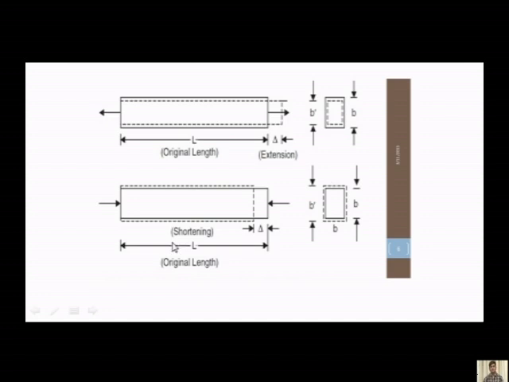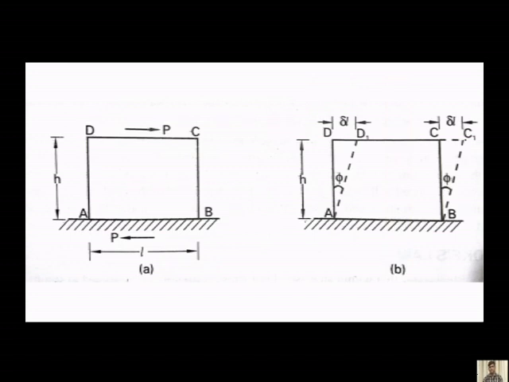See the compressive strain, shortening, the forces are towards, here the forces are away. Shortening of the length, and the amount of shortening is represented by delta. Those are the differences between tensile strain and compressive strain.